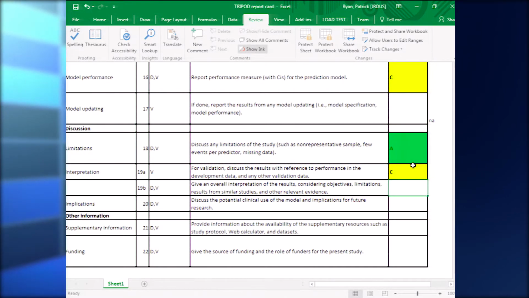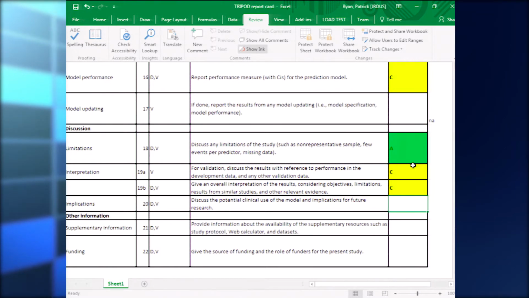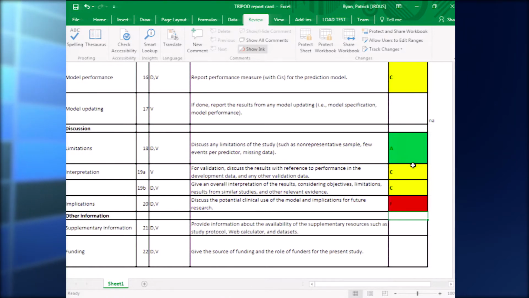Considering objectives, limitations, how well did they do on that? Okay. Implications of the model, number 20. Discuss the potential clinical use. F. How could that be? It's used in clinical practice every day for every patient with AFib.